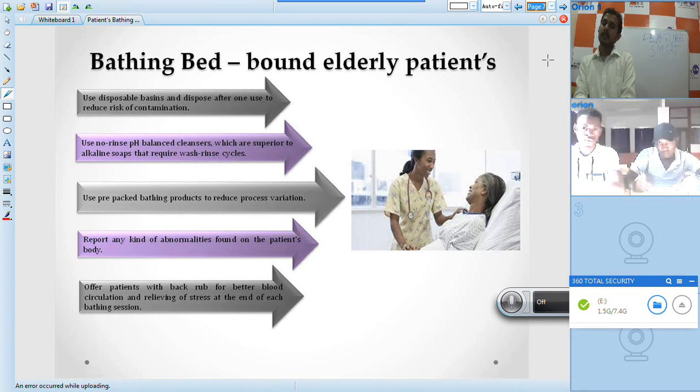By giving the massage or rub on the back of the elderly patient, the blood circulation must flow regularly, which is needed during treatment, because good blood circulation helps in speedy recovery while treating the patient in the hospital.